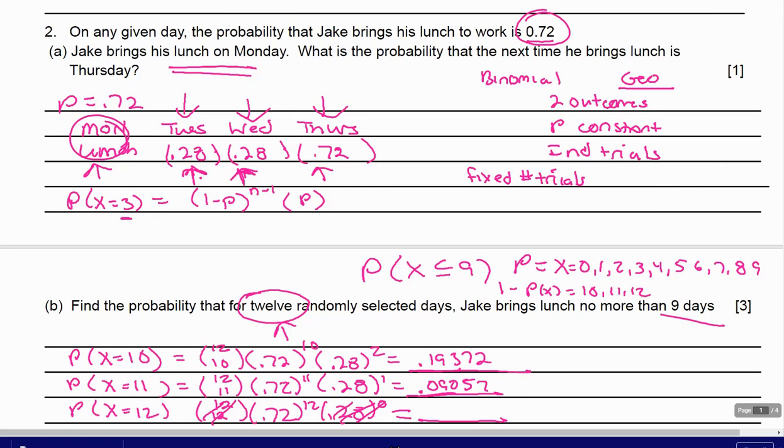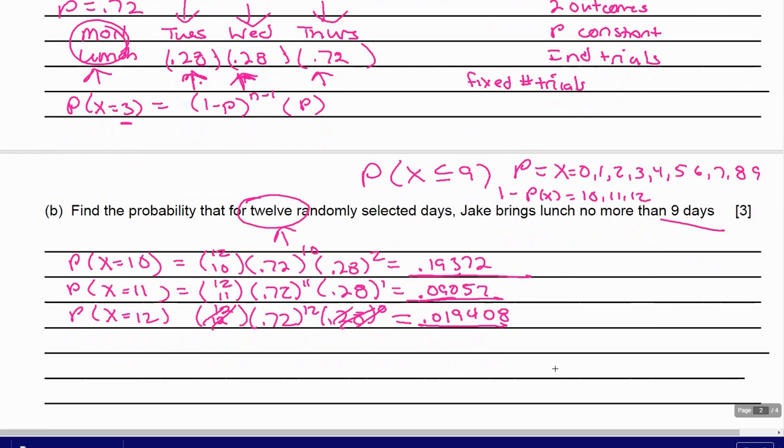And then what about the 12? What's that one going to be? And so if you want, I would just put a 0, 8. It doesn't have to be all the same. Okay? Now, I'm going to add all those up, and then I'm going to subtract them from 1.